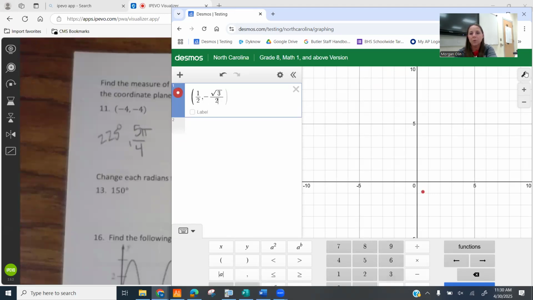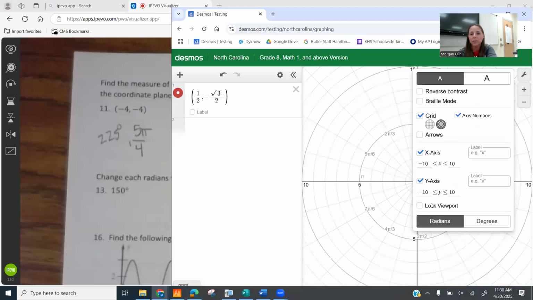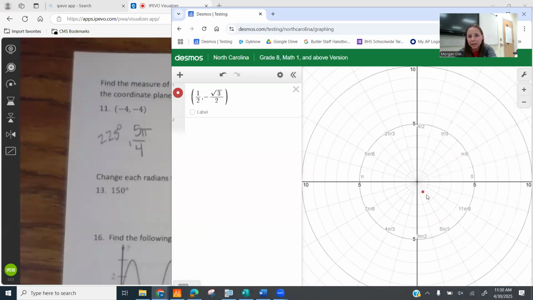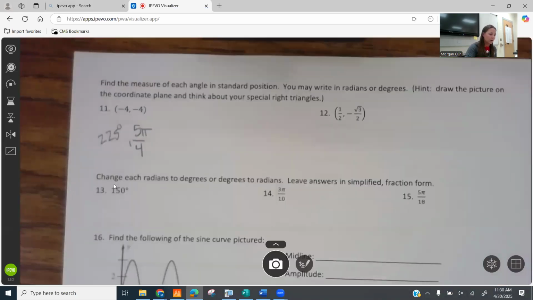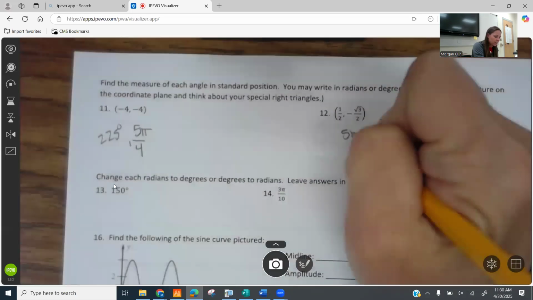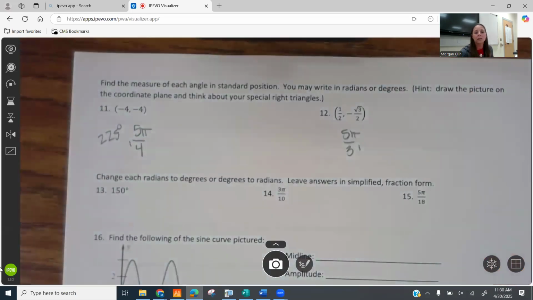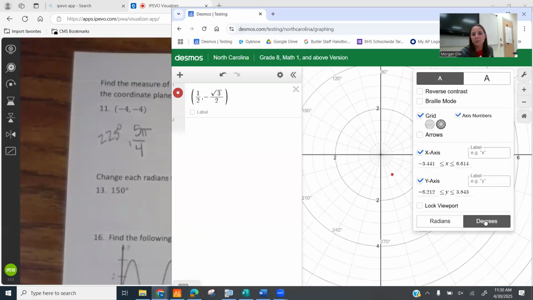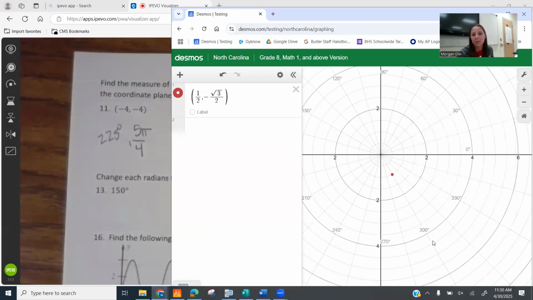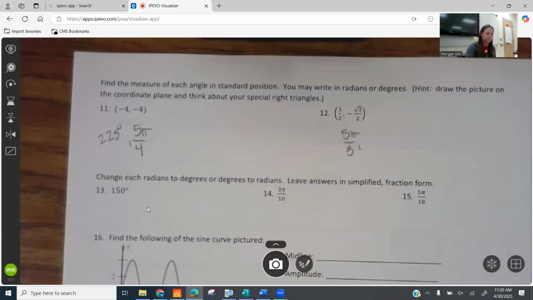Look where that point is. Go put the circle on there. Let's look at it in radians. And if you notice, that is on 5 pi over 3. If you want it in degrees, we can toggle to degrees, and we realize that is at 300 degrees.